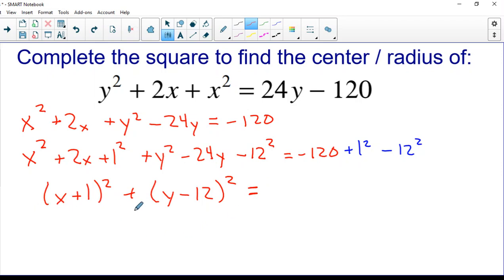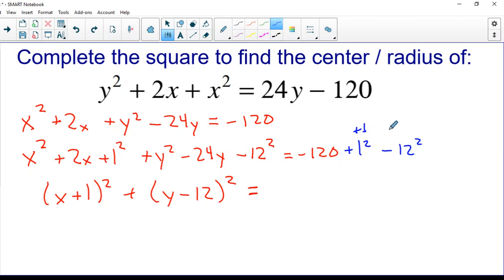All right, so we have our x's done, our y's are done. Let's just finish up with these constants, these numbers over here. What I need to do is bring this down. So negative 120. Let's just add these together. Negative 120, 1 squared is 1, so this will just be plus 1.